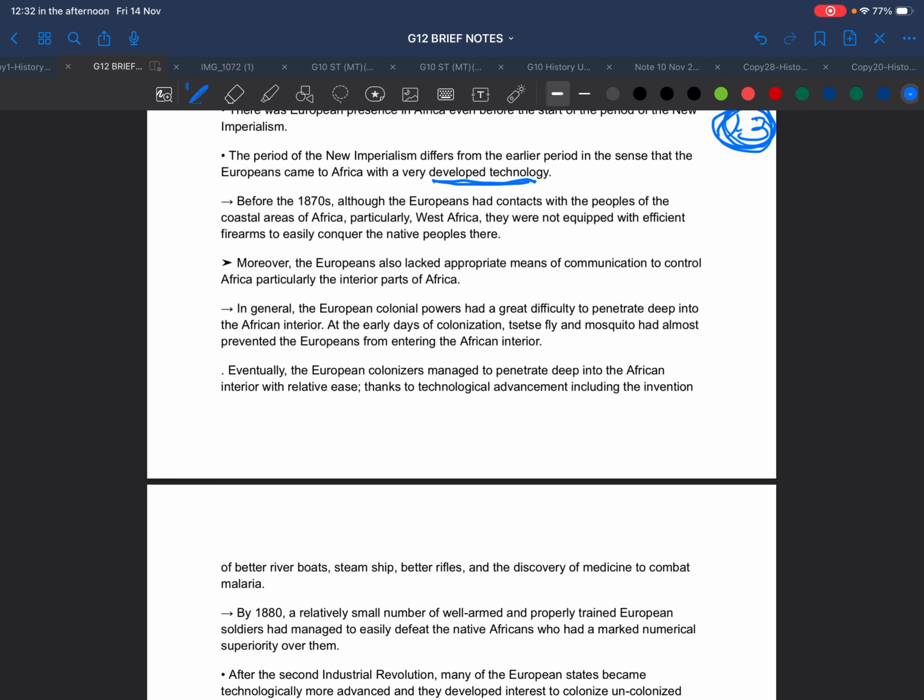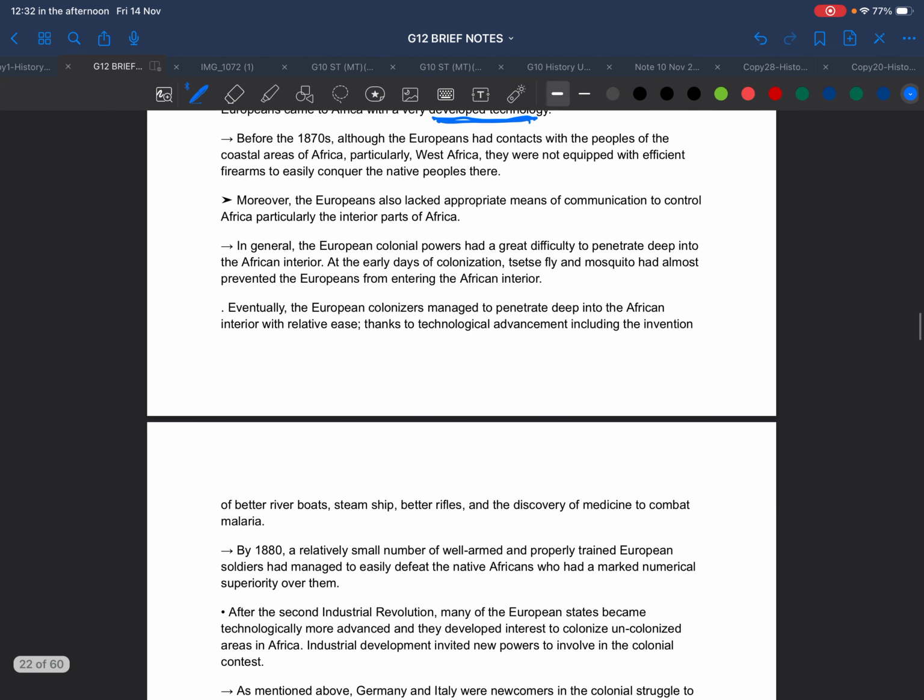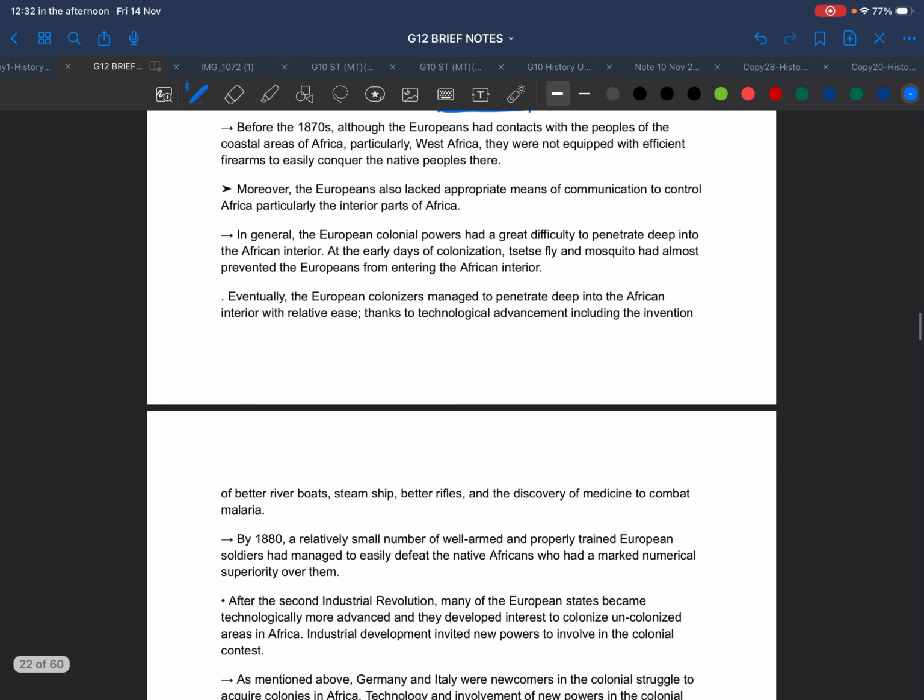Before the 1870s, although the Europeans had contacts with the peoples of coastal areas of Africa, particularly West Africa, they were not equipped with efficient firearms to easily conquer the native people there. They lacked modern, efficient firearms.